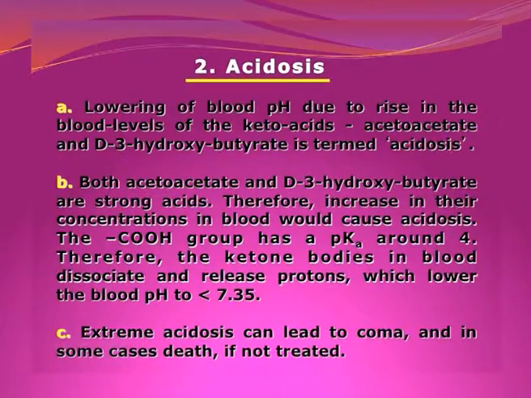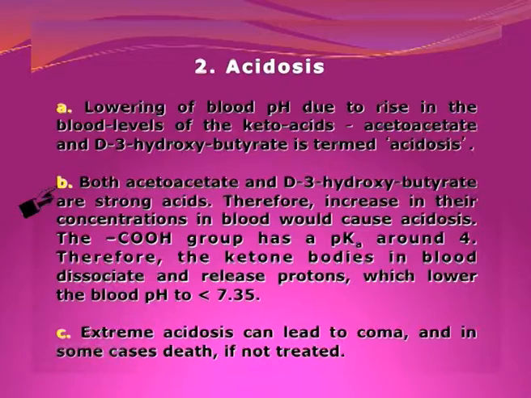Coming to the second abnormal situation, which is known as acidosis. Acidosis refers to a lowering of the blood pH due to formation of the ketone bodies D-3-hydroxybutyrate and acetoacetate. Now please remember that these two organic acids are very strong ones, and the pKa value of their carboxylic group is around 4.